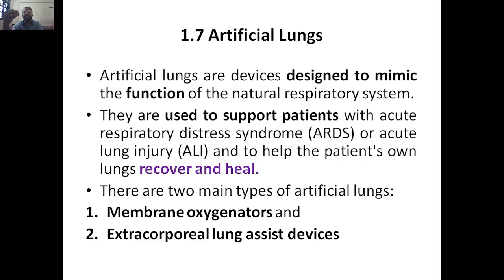What is the function of the lung? To provide oxygen and to purify the air. If machines do these two functions, we can call them artificial lungs. So that's it about the introduction.